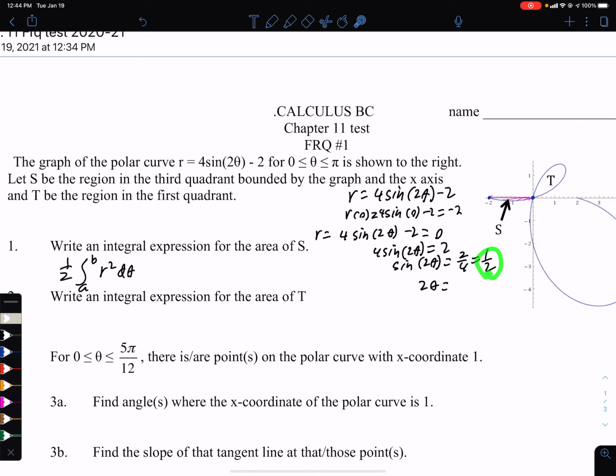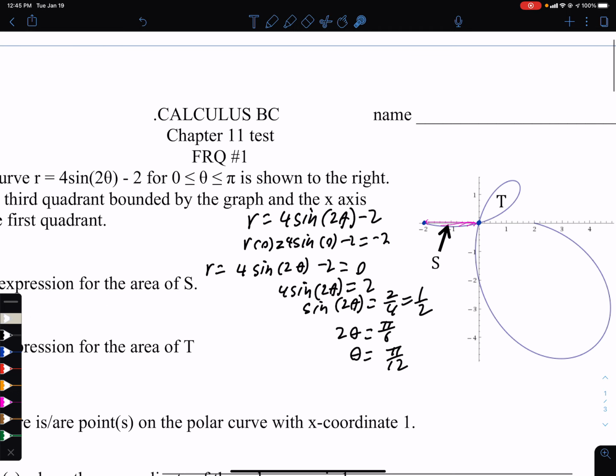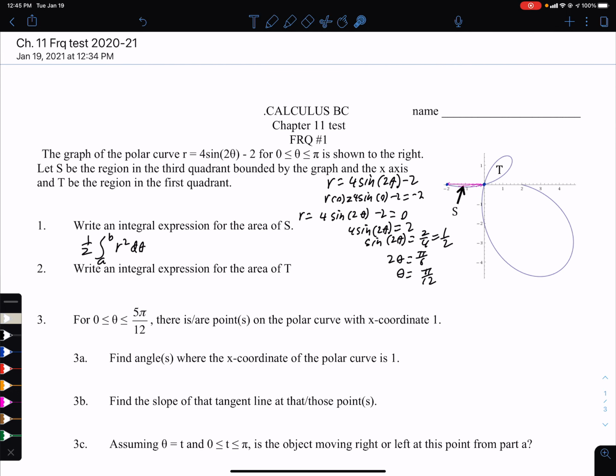Inverse sine of 1/2. What angle has a sine of 1/2? That's pi over 6. Divide both sides by 2, you get pi over 12. So your ending angle right there is pi over 12. You start at 0, and as you map it out, you end up here when you get to pi over 12. So it's important you figure out how to get those angles.